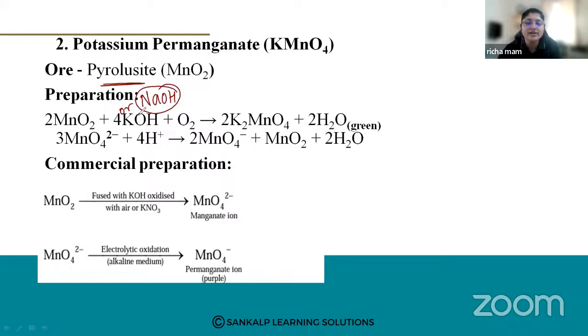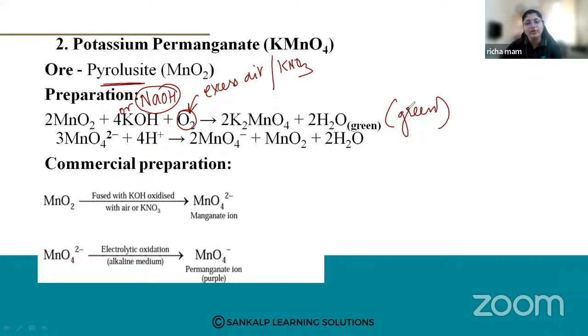So pyrolusite can be reacted with either potassium hydroxide or sodium hydroxide. And you can use any oxidizing agent; here we are using excess of air for oxidation, or you can use potassium nitrate. Then it will give you K2MnO4, and this is a green color solution.